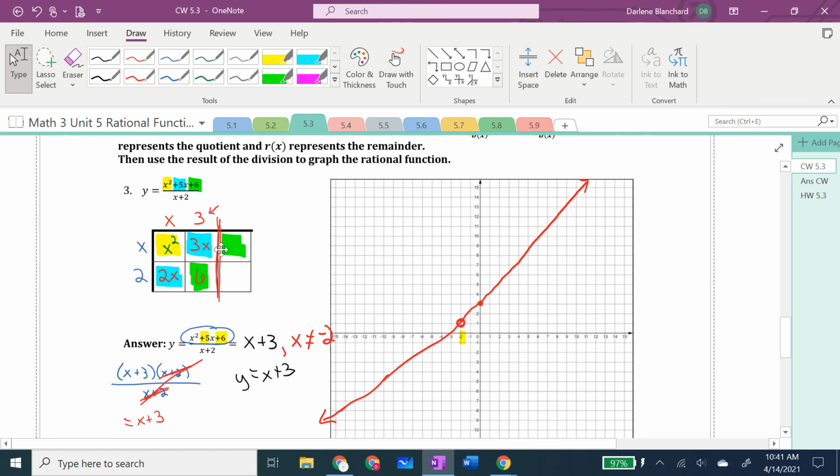Or in other words, if I did division by that x plus 2 or whatever factor is there, I would get no remainder. Otherwise, it's a vertical asymptote if it makes the denominator 0, and that's important to take note of.